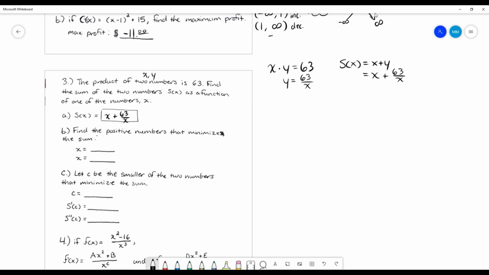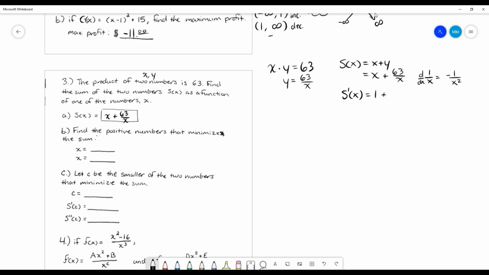And now we want to find the positive numbers that minimize the sum. So now we need to find a relative minimum. So we first take the derivative of this. I note the derivative of x is just 1, and the derivative of 1 over x is going to be negative 1 over x squared.